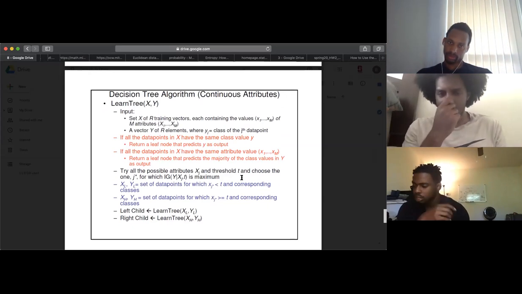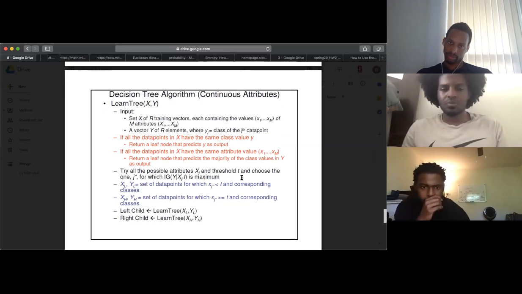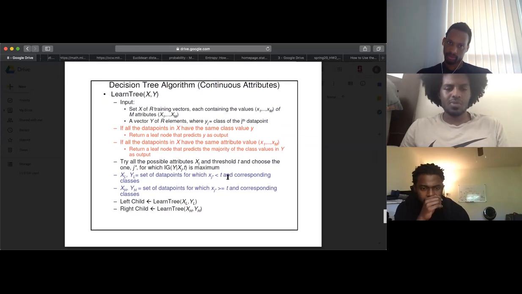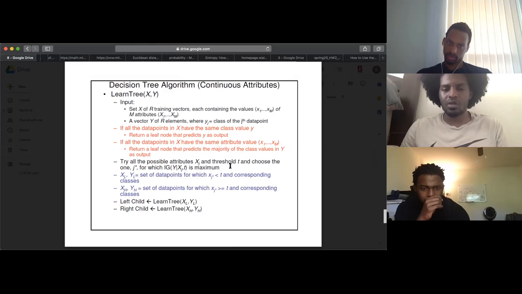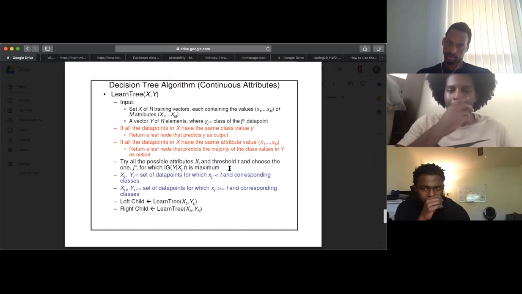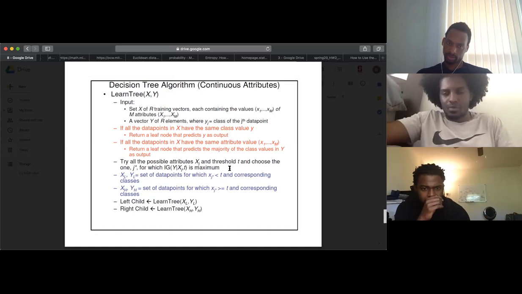So yeah, I guess that's the case. So this is basically just saying that you're going to try all of the different features that you have, and then the thresholds, whatever threshold you select, and then choose the one that gave you the maximum information gain post split.